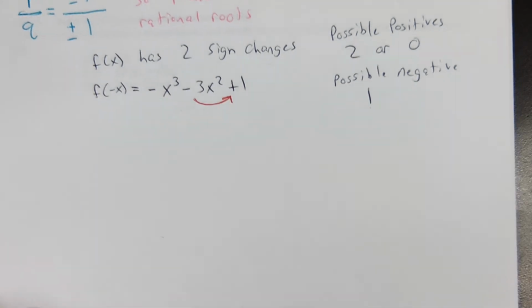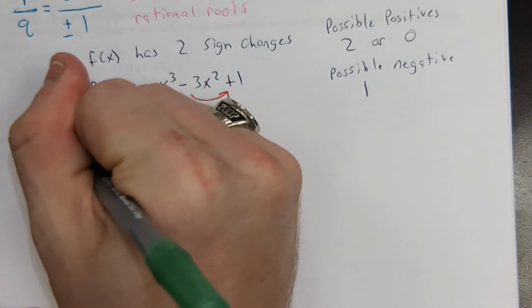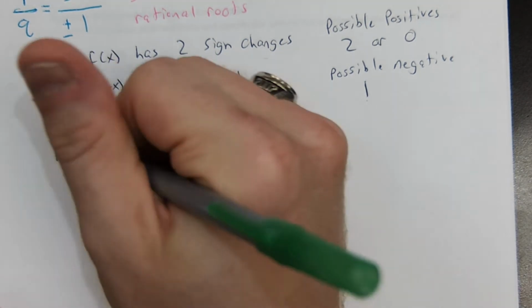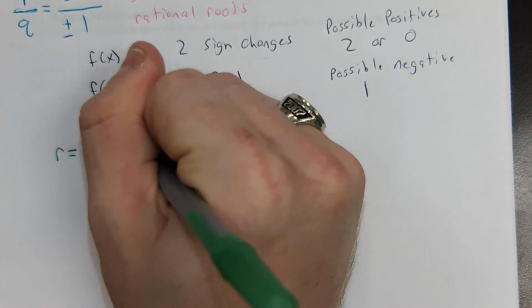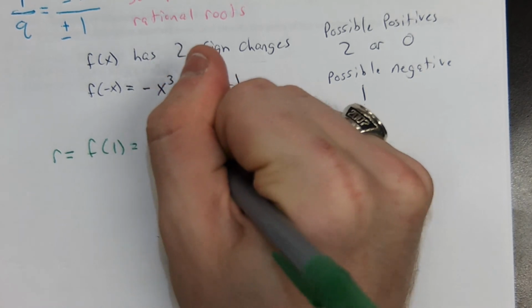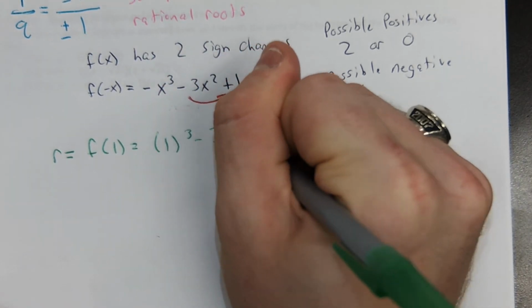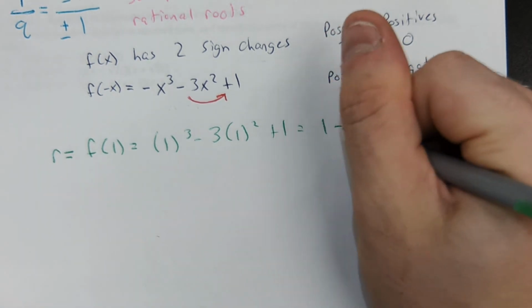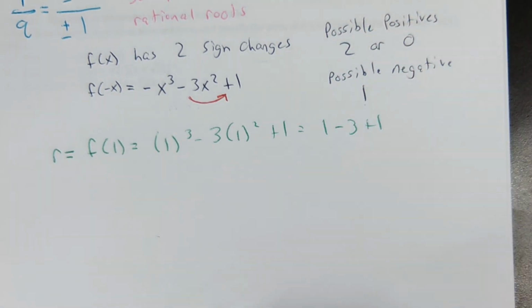Remainder theorem. Our remainder, when we're checking positive 1, remember that just means evaluate the polynomial at the number, is going to be 1 to the third minus 3 times 1 squared plus 1. So 1 minus 3 plus 1.